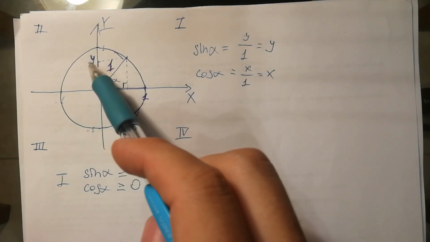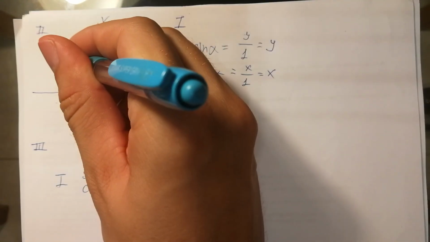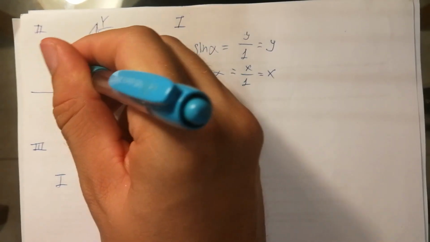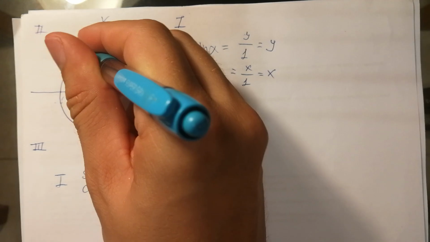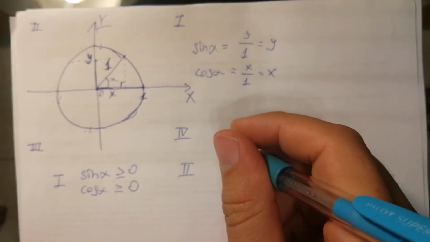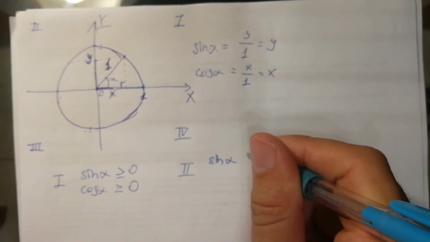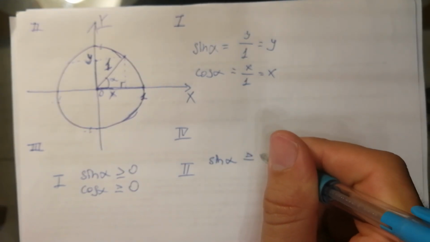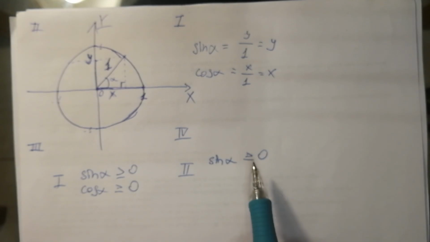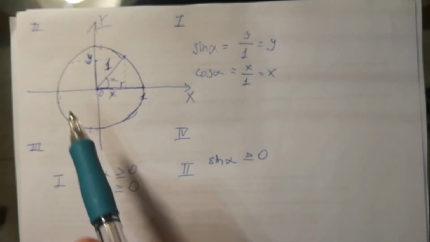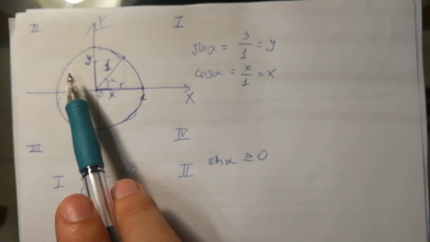You see, here positive, and here positive everywhere, no matter which angle we draw. And this means that sinus alpha also should be more or equal to 0 in the second quarter.